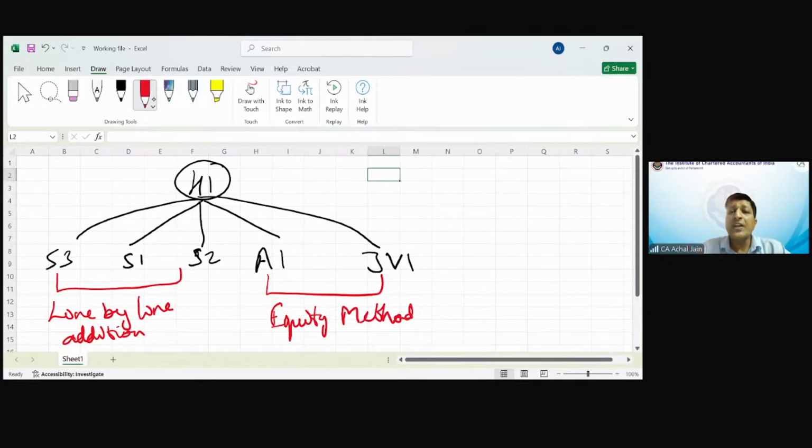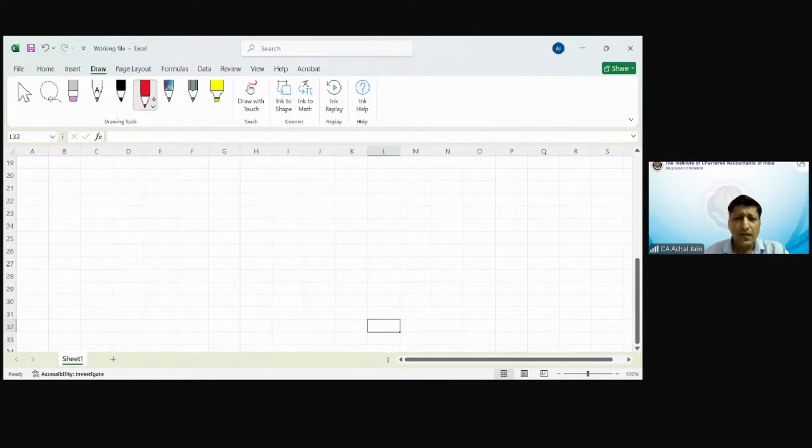While this consolidation will happen, let's try to understand what is going to be the approach. Let's suppose we pick up only H1 and the subsidiaries, and ignore the associates for the time being. I'll pick up a very simple, very basic example. Let's suppose there's a trial balance.